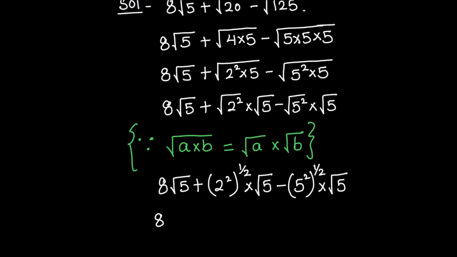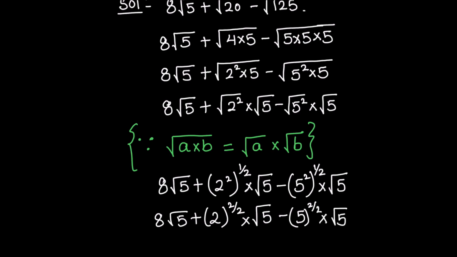So that's 8 square root of 5 plus 2 raised to power 2 upon 2 times square root of 5 minus 5 raised to power 2 upon 2 times square root of 5.